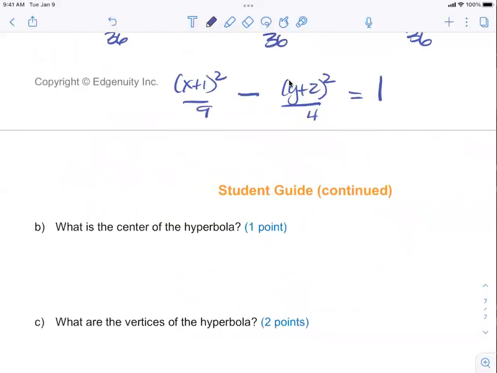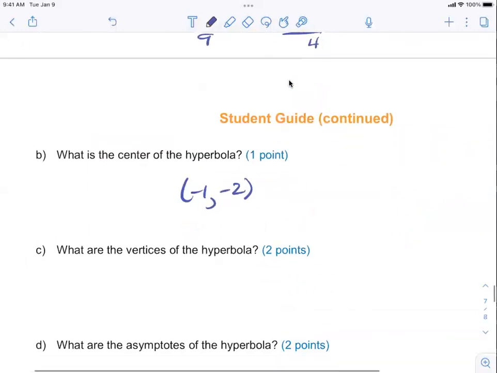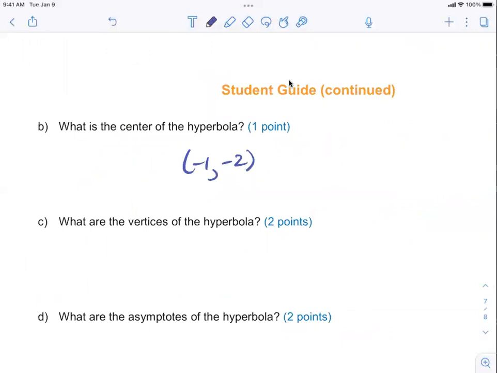What is the center of the hyperbola? That comes from directly above, -1, -2. What are the vertices of the parabola? Hold on, please. Mine are a little bit different than yours. Well, here says vertices. I think foci is a better word here.